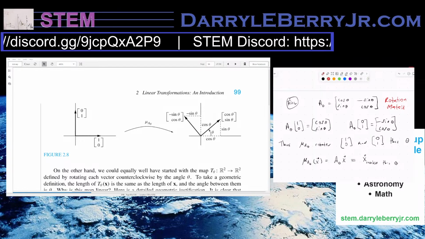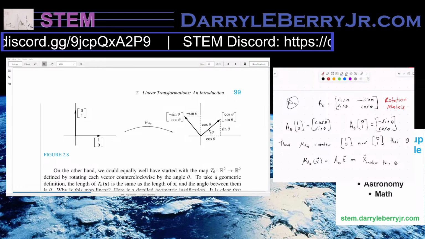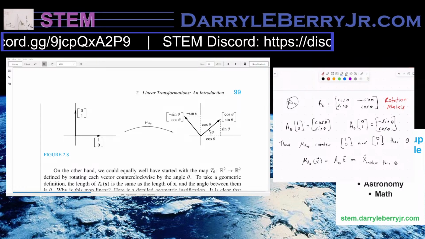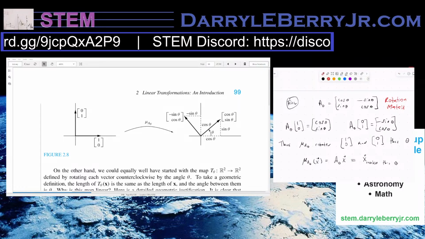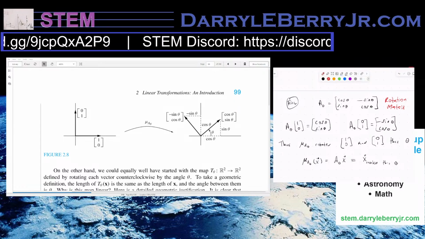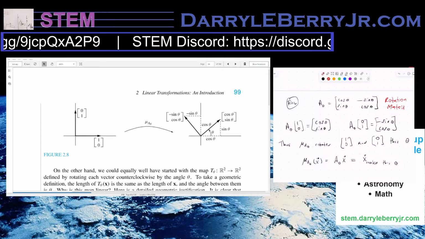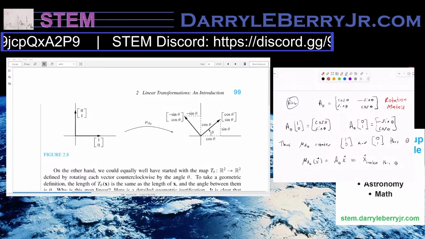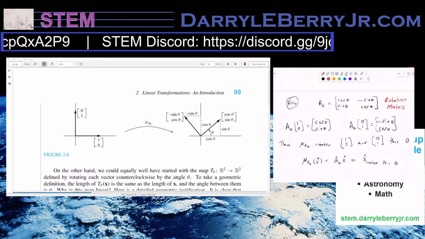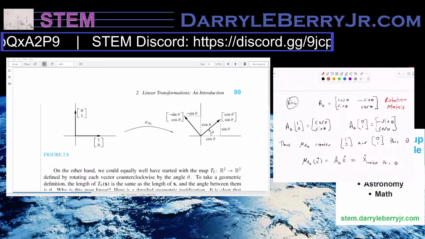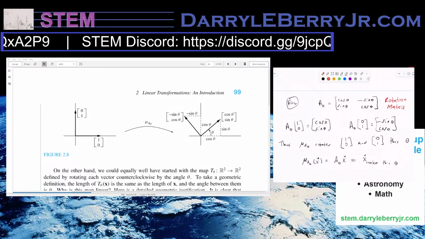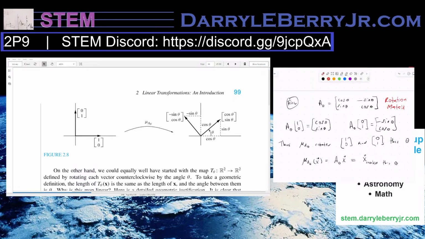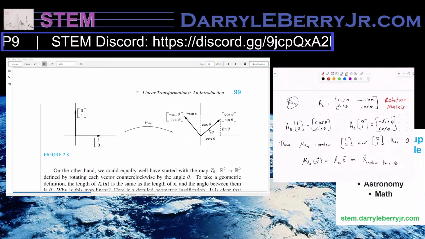So (1, 0) and (0, 1) transform into (cosine theta, sine theta) and (negative sine theta, cosine theta).